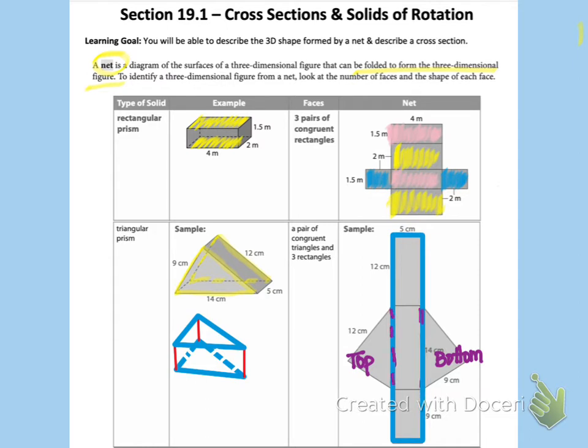These would line up here, right? Then you wrap it around and fold the triangles towards each other to make a top and a bottom, and then wrap the sides around. So it's got a pair of congruent triangles, and 3 rectangles that wrap around the sides.